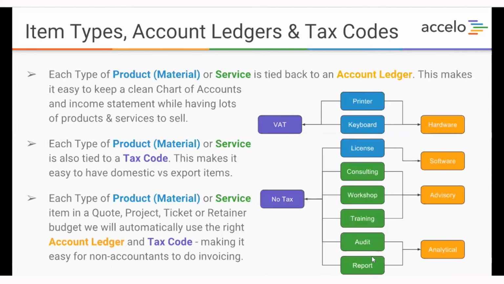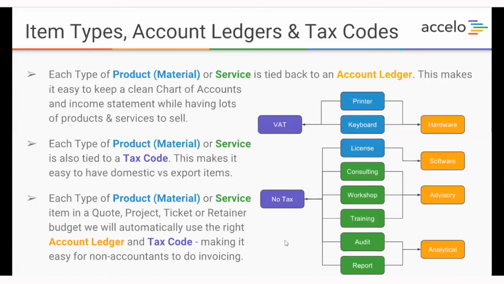But the idea is that you have these defaults in place here for both the ledger codes and the tax codes, so that your team who are going through and creating quotes, might be your salespeople, or your project managers who are creating project plans, or maybe the quote got converted on and automatically created the project for you. So your project managers don't have to know about this stuff.